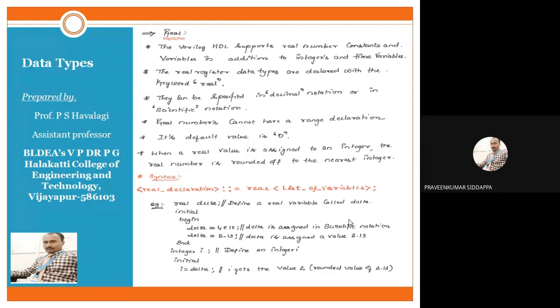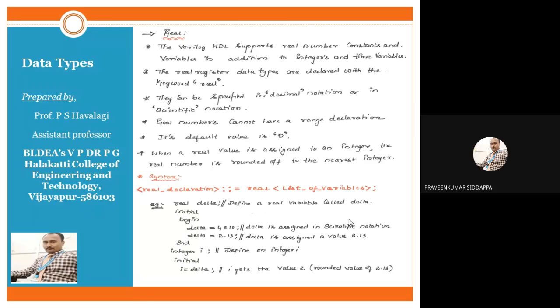Whatever input is present in that delta variable should be a real number, so we have written real. You can also write your own name; that name is just a variable that contains a real number. Real delta should be followed by a semicolon. Whatever we have written in front of that is a comment line.